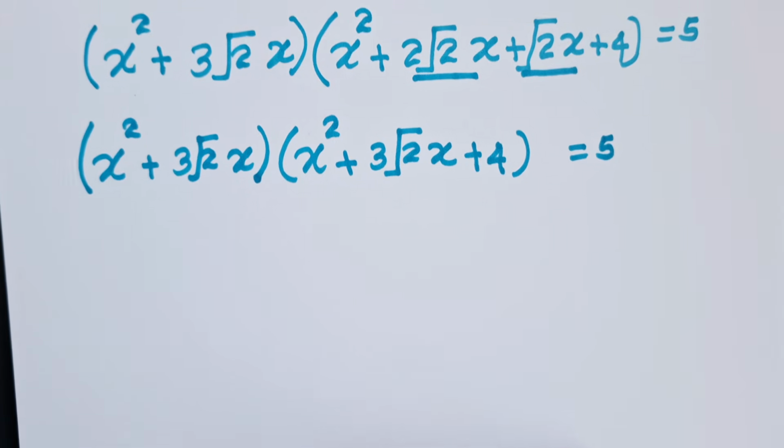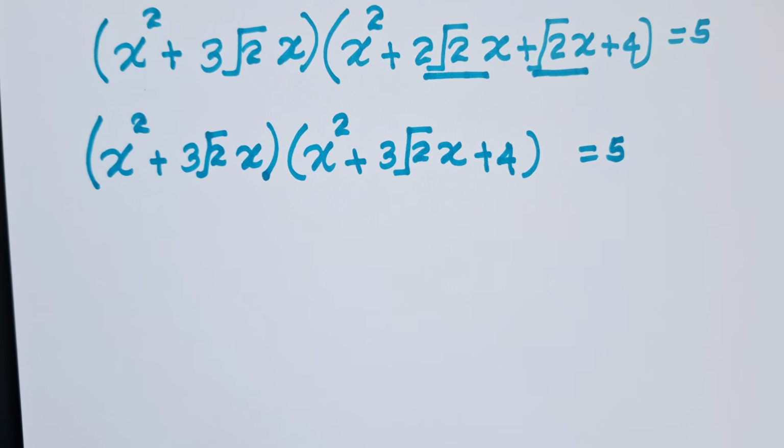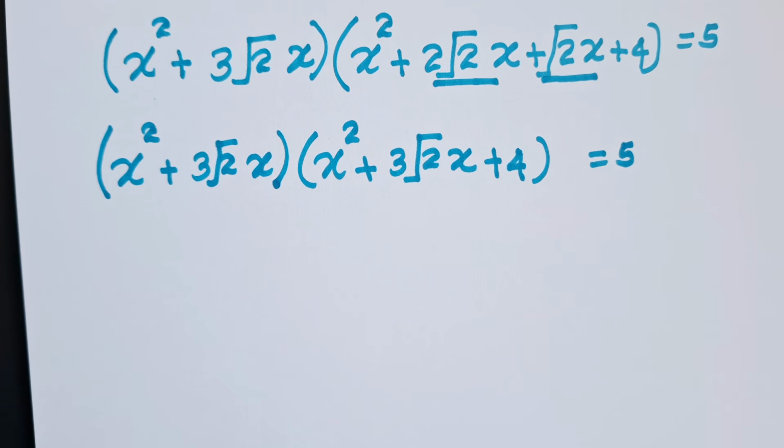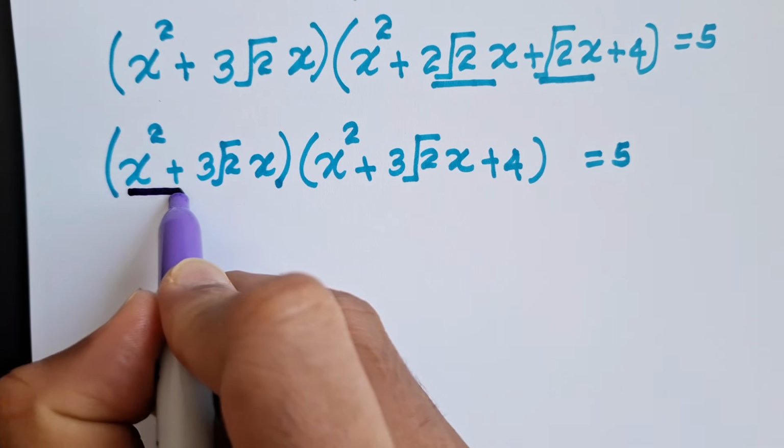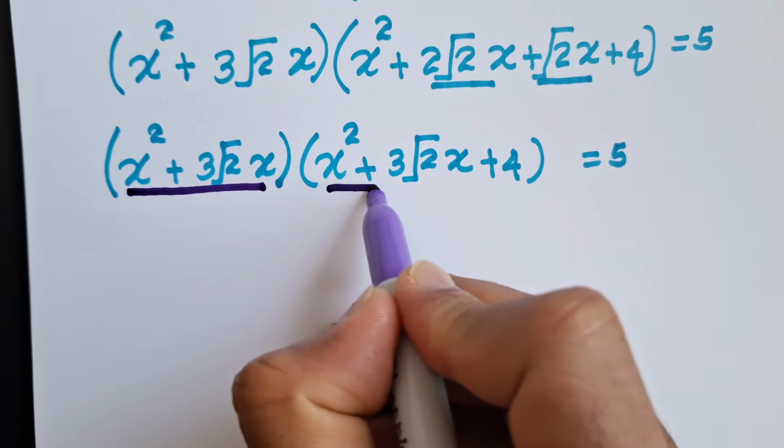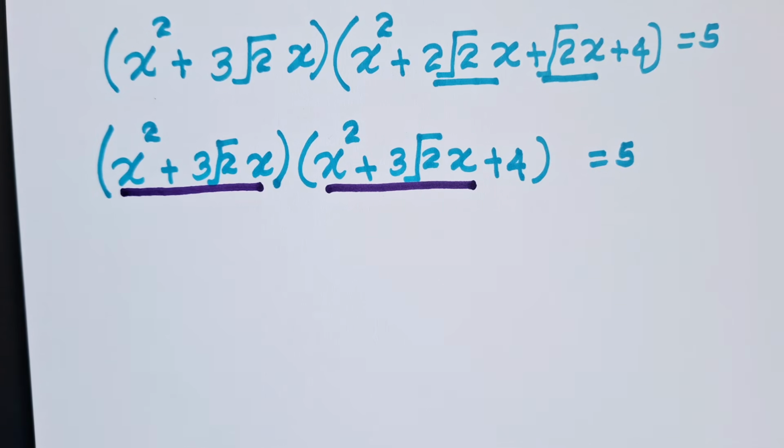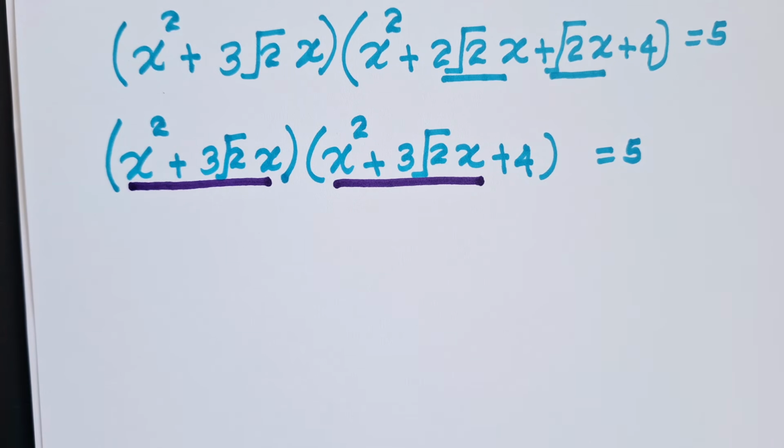Wonderful. Now we have a beautiful equation. You can see that on the left hand side we have the same 2 terms in the parentheses. Here we have x squared plus 3 times square root of 2 times x in both parentheses. So now you know what to do.